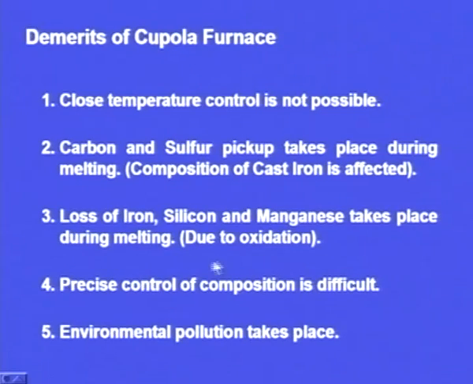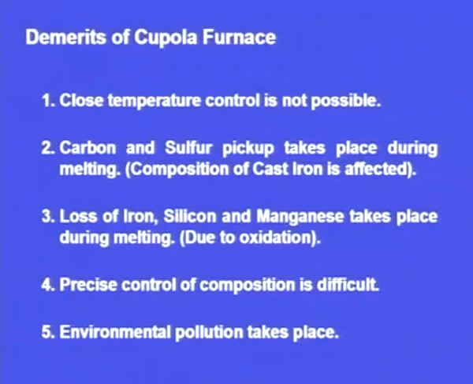Next one, loss of iron, silicon and manganese takes place due to oxidation. We are sending air during combustion and there is oxygen. Oxygen reacts with the molten iron and forms iron oxide. Silicon reacts with oxygen and forms silicon oxide.